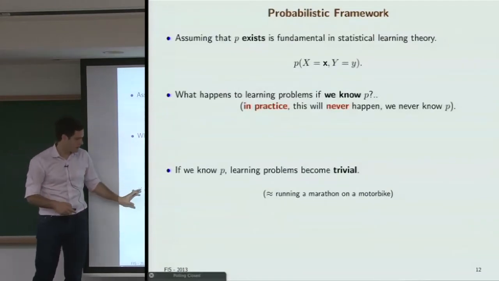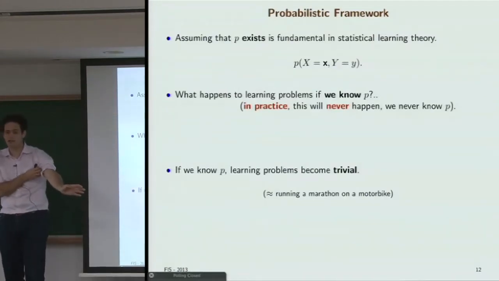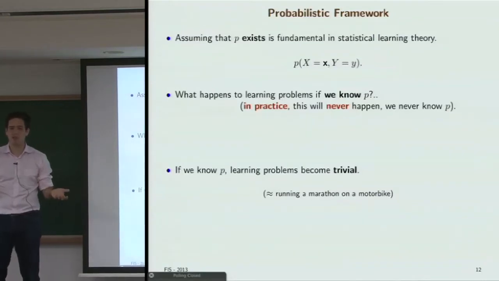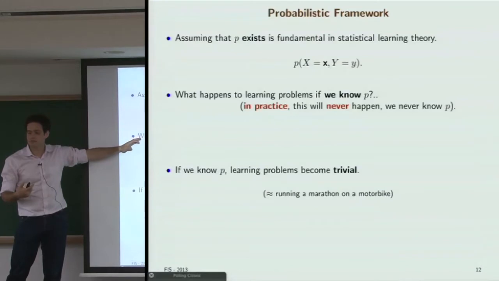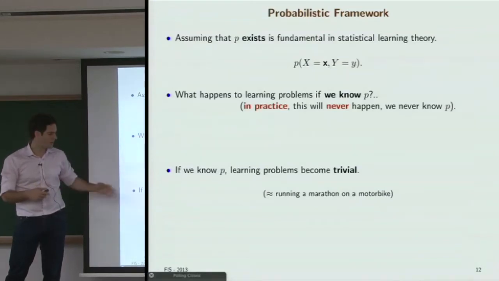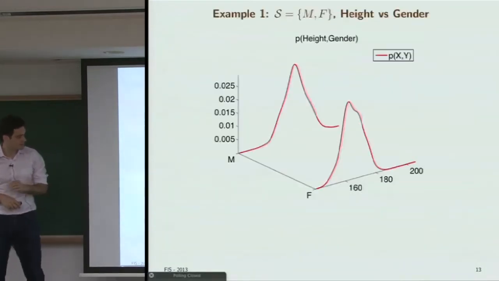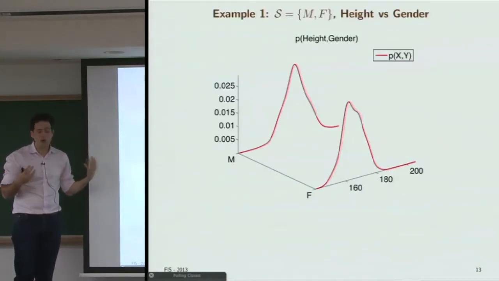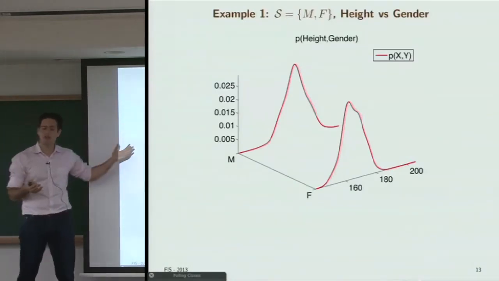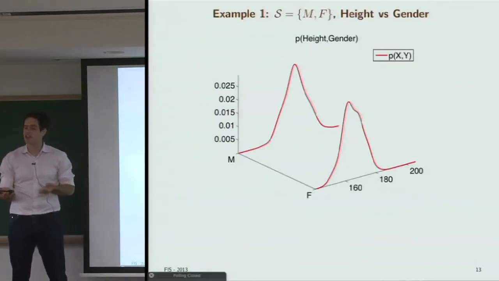Okay, so it's like running a marathon on a motorbike. It's pointless. It has no meaning. But since we never know it, well, we need to do without. But what would happen if we did? So suppose I know the probability for this particular problem, which is the height and gender problem.